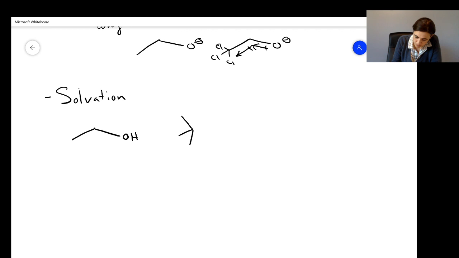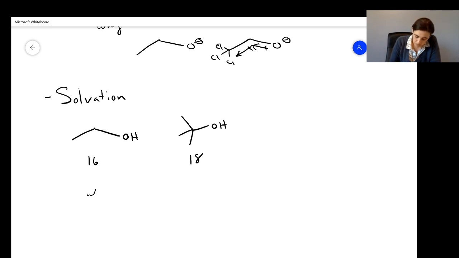So let's compare ethanol and t-butanol. So we have a slight pKa difference here, despite the fact that these are both alcohols attached to sp3 carbons. So why?